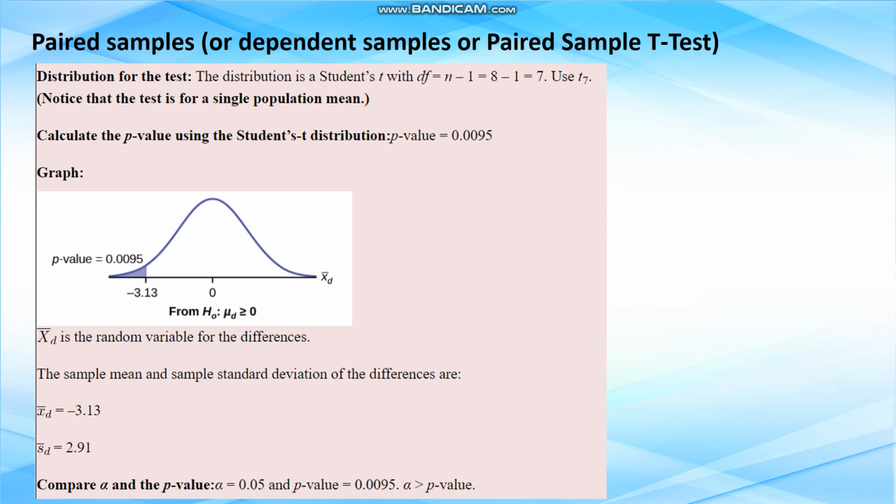Finally, you compare the two values together in order to say that you reject the null hypothesis, accept the alternative hypothesis, or you accept the null hypothesis.